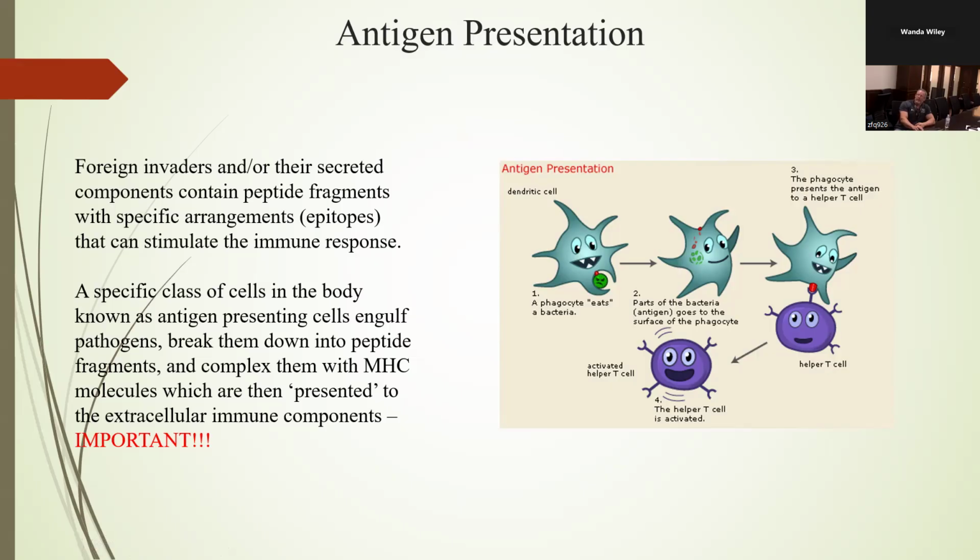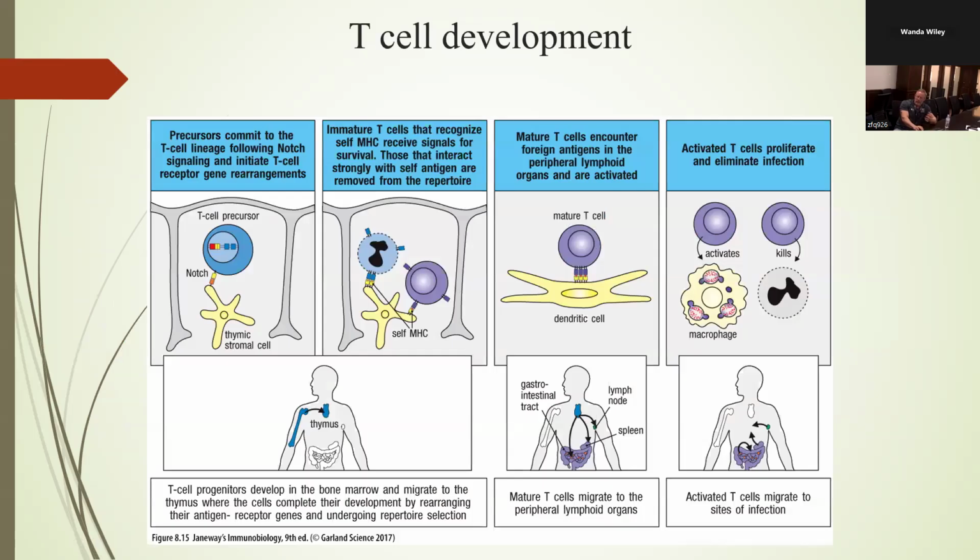MHC grabs this little piece of whatever the antigen presenting cell has eaten, and they come together and then get shoved out to the surface of the APC for recognition. So T cell test number one is, can this baby T cell recognize and bind to this MHC molecule? This is test number one.